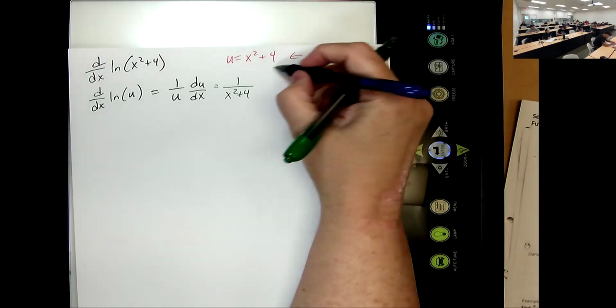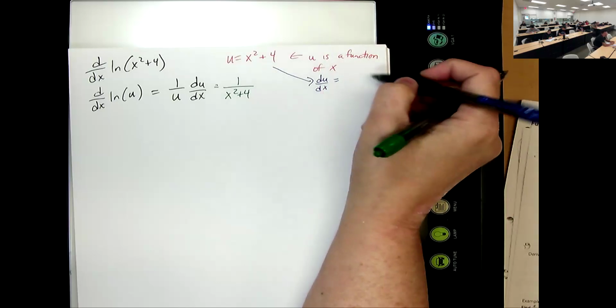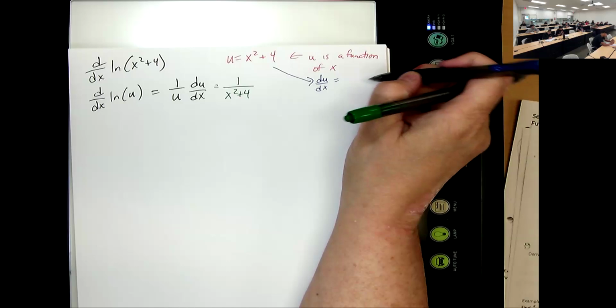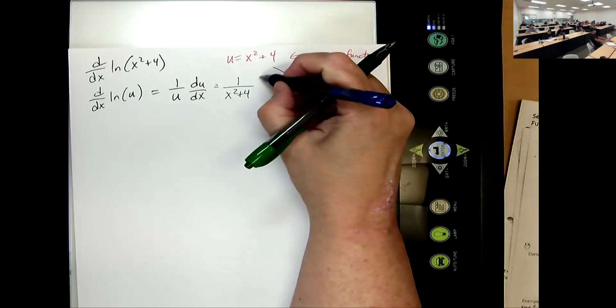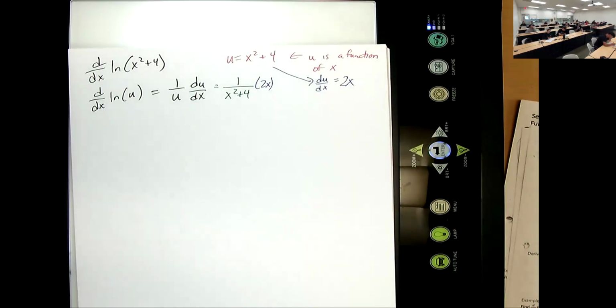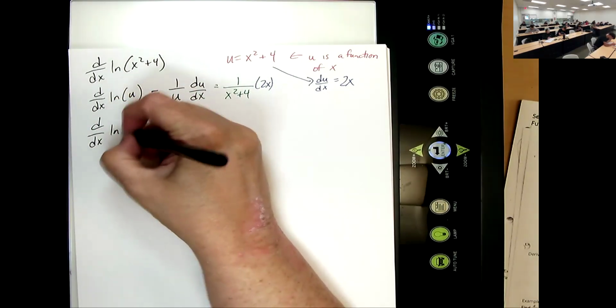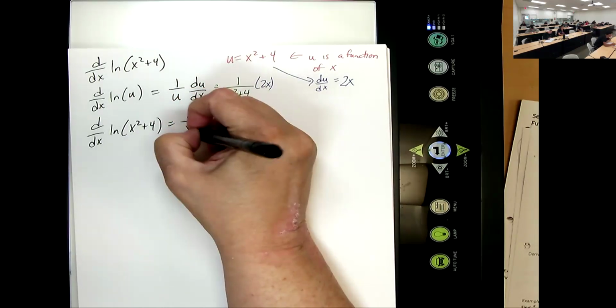What is du/dx? It's just 2x, right? Yeah, du/dx is 2x. So we can write this as 2x over x squared plus 4.